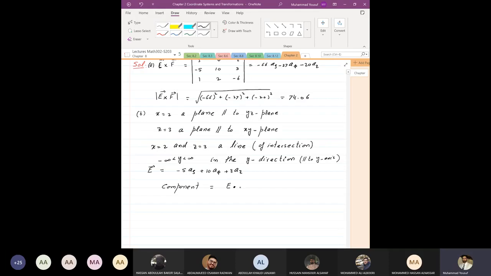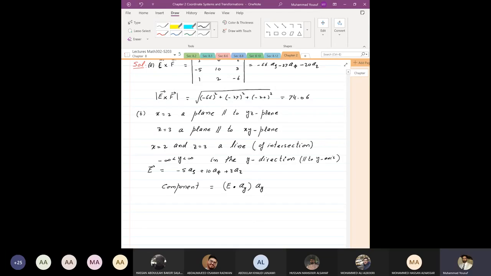So we will take a unit vector in the y direction and multiply by a unit vector in the y direction. This a_y is the same as the unit vector b hat we had before. And this vector E is the same as vector A we had before. I explained this to you.